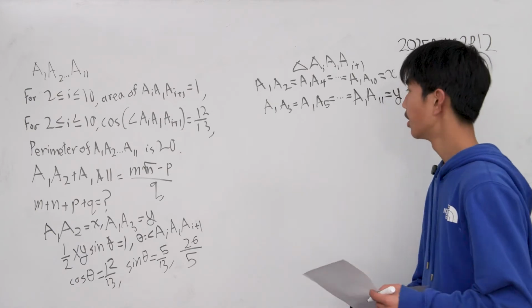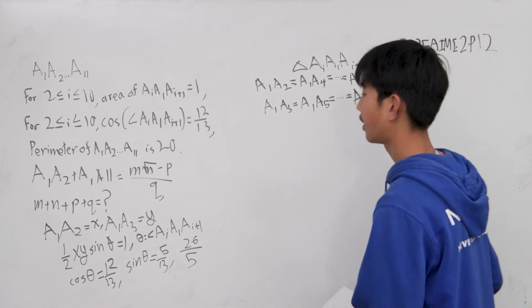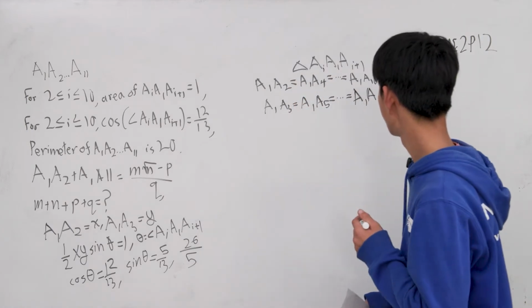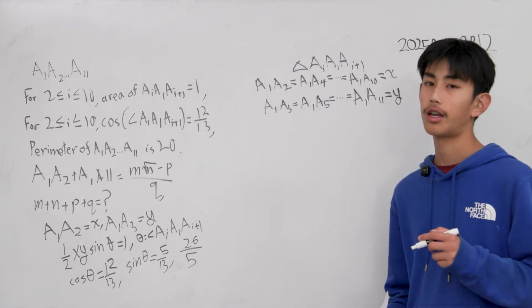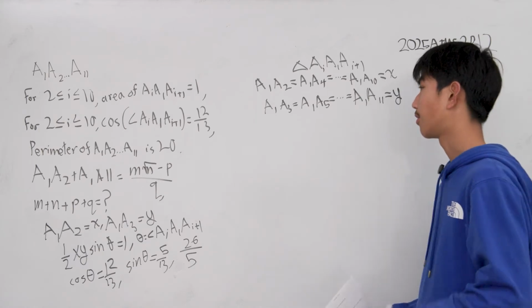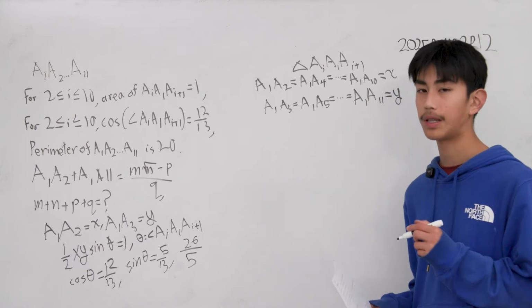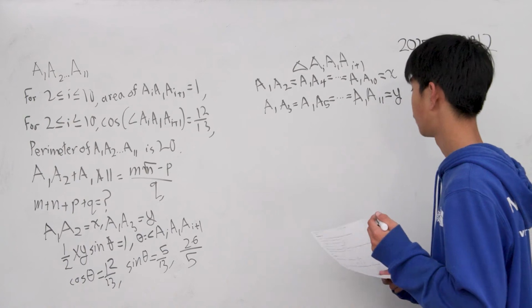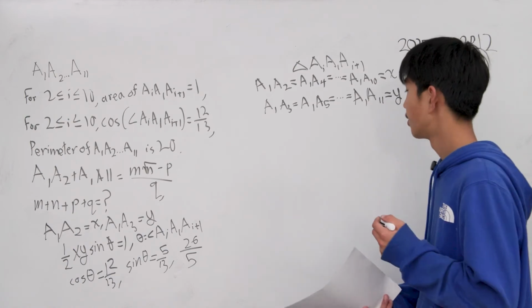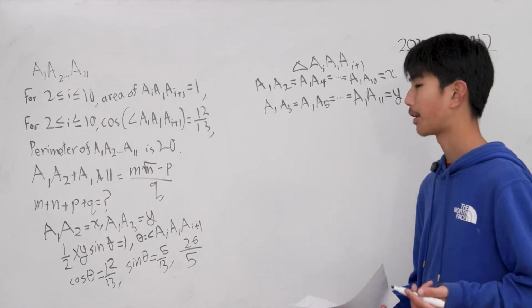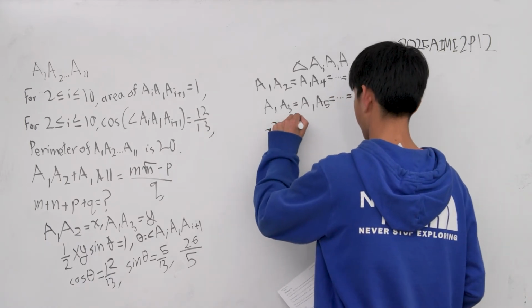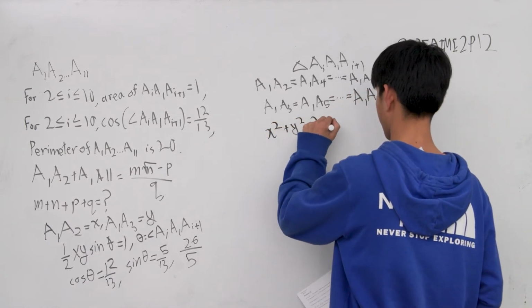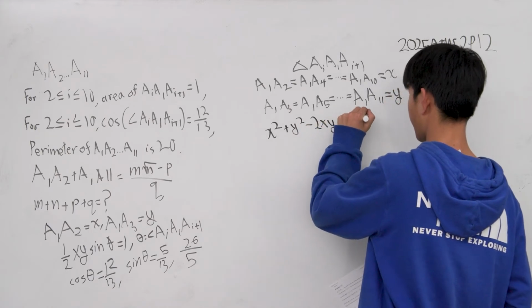To find the third side of each of the 9 triangles, we use the law of cosines: x squared plus y squared minus 2xy cosine theta.